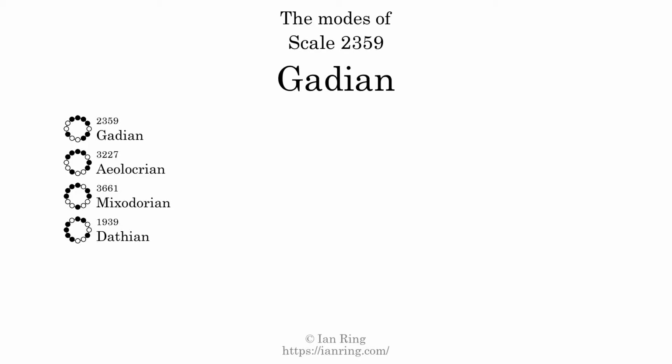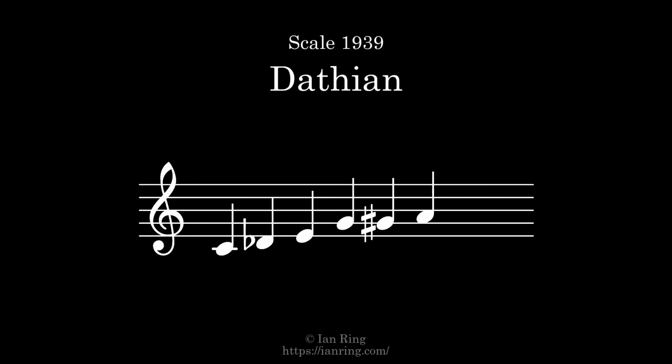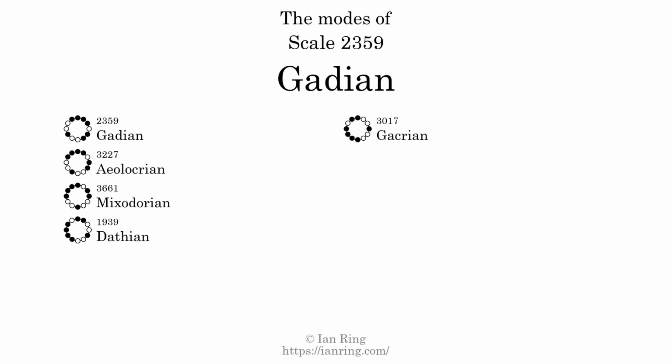The fourth mode is scale 1939, also known as Gadian. It sounds like this. The fifth mode is scale 3017, also known as Gadian. It sounds like this.